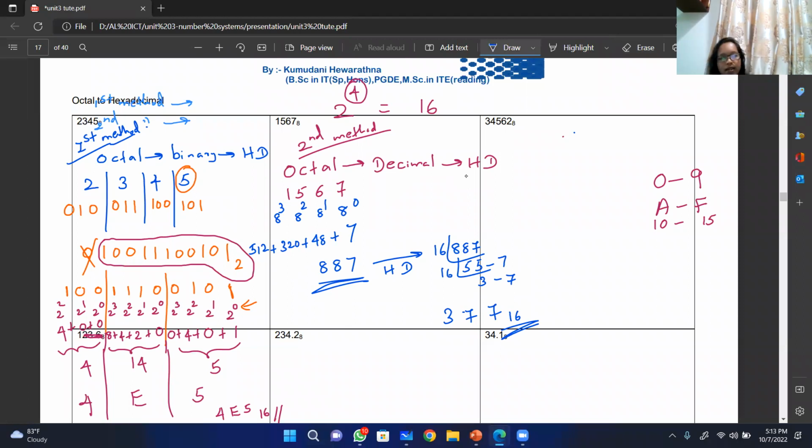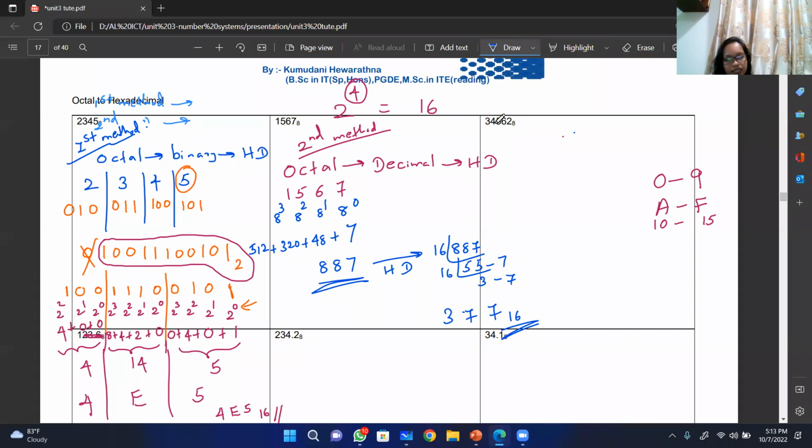Then the third one, I am not going to give you any method. You can use any method, the easy method for you, first or second method.